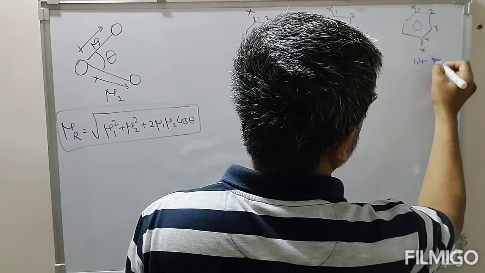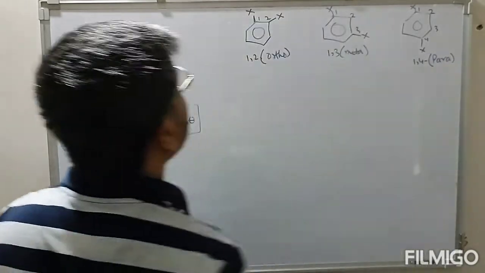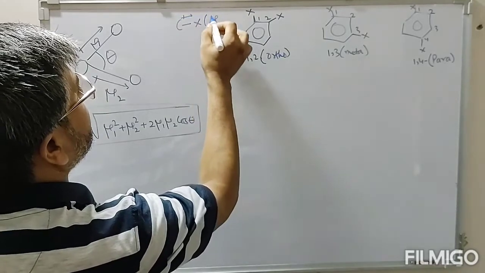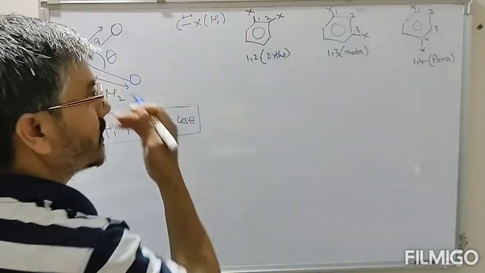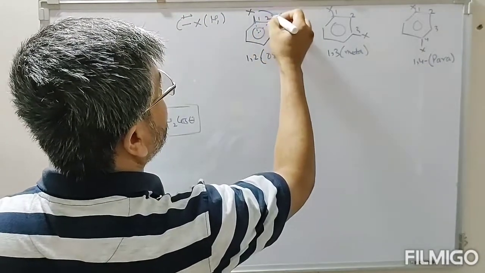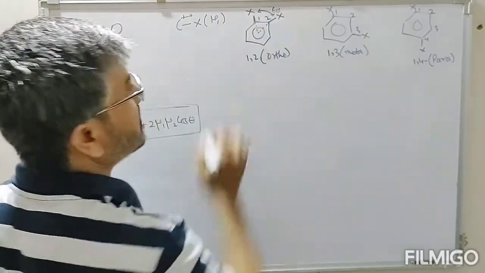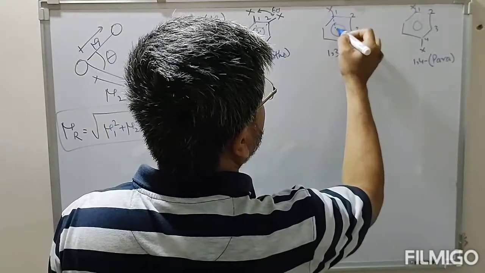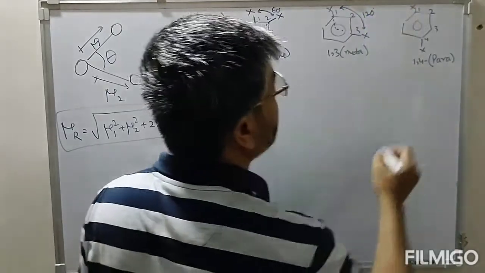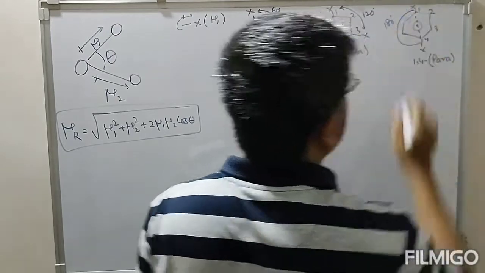So 1, 4 is known as para. If suppose the C-X dipole is this, mu1. Look at this, the ortho angle is 60. In meta, this angle comes out to be 120. In case of para, this angle is 180 degrees.